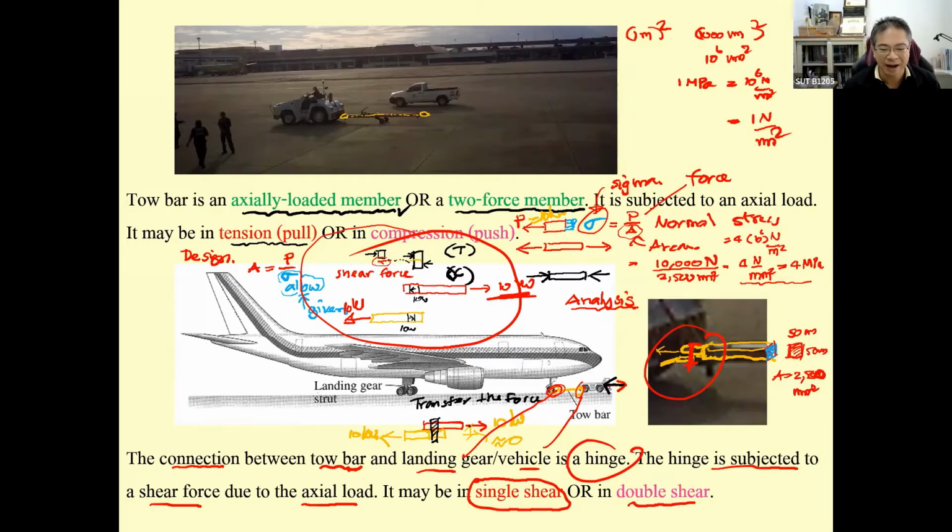Okay, and then the shear force, we may call it V. The shear stress is going to be V over A. And V is going to be 10 kilonewton, the same thing as before. And let's say this is the area. Let me assume it to be 100 millimeter square.